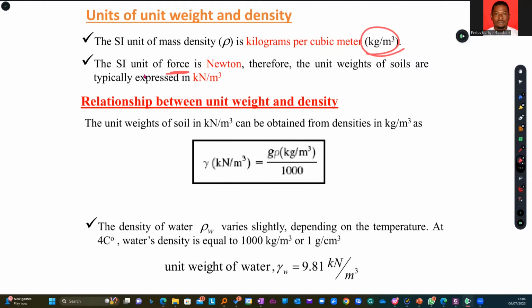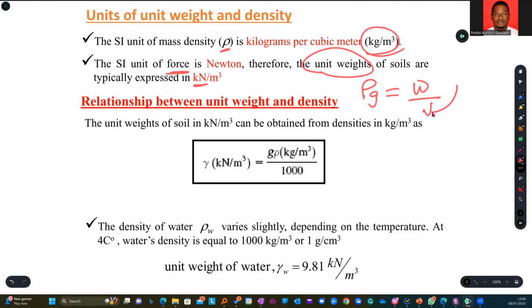Therefore we can calculate the unit weight of samples in kilonewtons per meter cube, because we have expressed that density multiplied by gravity gives weight. And if I have that over volume, the meters cube takes care of the volume, and the weight is considered for the kilonewtons, which is a force.